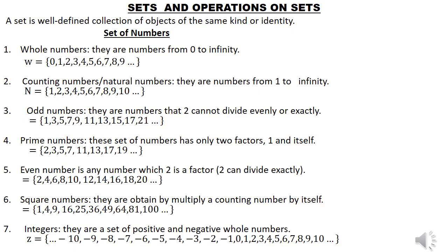So integers are whole numbers with positive or negative signs. Any number which is a whole number is also an integer. So they are negative numbers and also positive whole numbers. 0 is a whole number and it is an integer too.